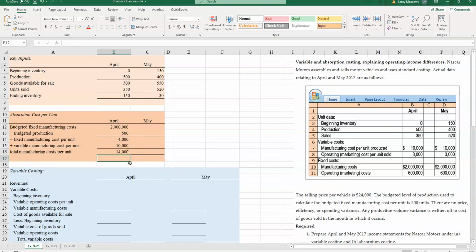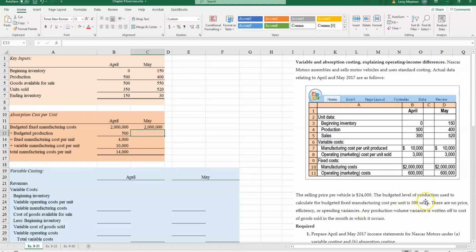Now, let's take a look at absorption costing per unit for May. Now, in May, I expect to incur $2 million worth of fixed manufacturing costs. So I'm going to go ahead and just put that here. Oops, forgot a zero here. And how many units am I budgeting to make in May?